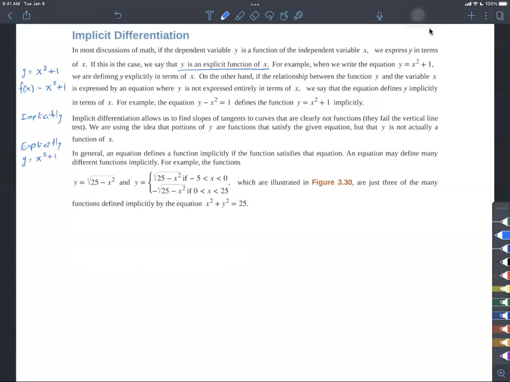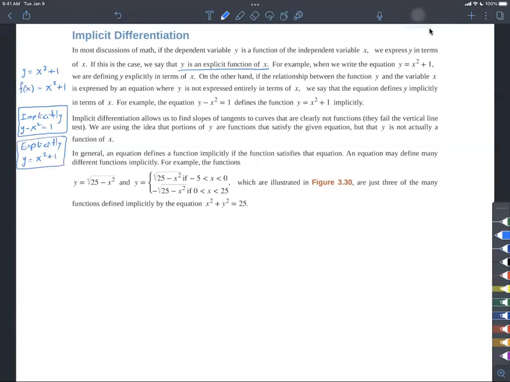That's the equation we gave up above. But if we subtract the x squared to the other side, we could write this as y minus x squared equals 1. Here we say that y is implicitly defined in terms of x, but not explicitly defined, because basically y is not solved for. Y is not isolated in the implicit equation. When it's explicit, y is solved for, and it is written entirely in terms of x.